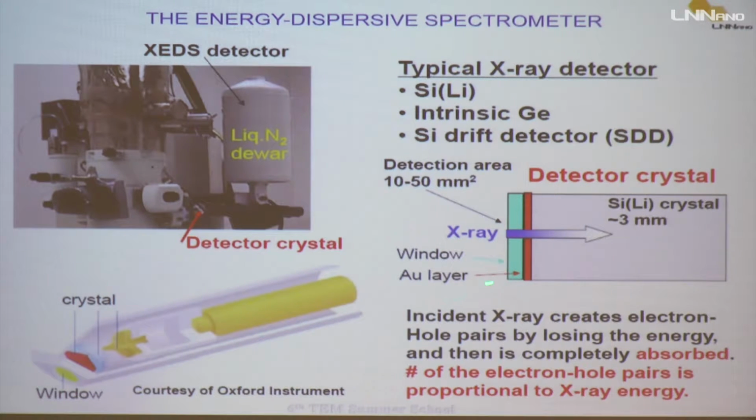The idea is that the incident X-ray photon will hit the window of your detector and will create electron-hole pairs inside the detector, losing all its energy until it is completely absorbed inside the detector, okay?